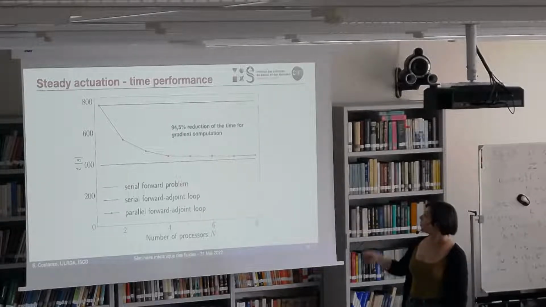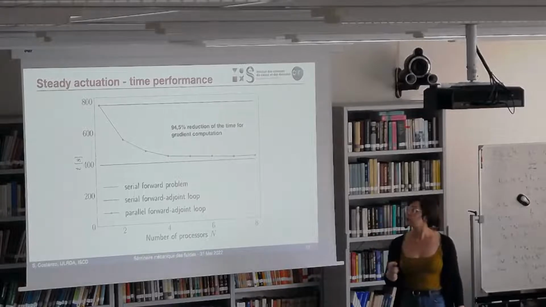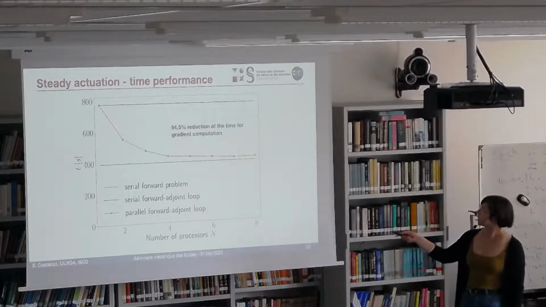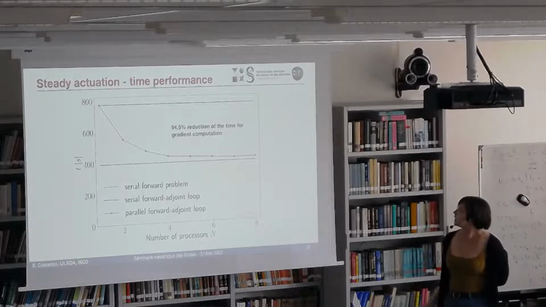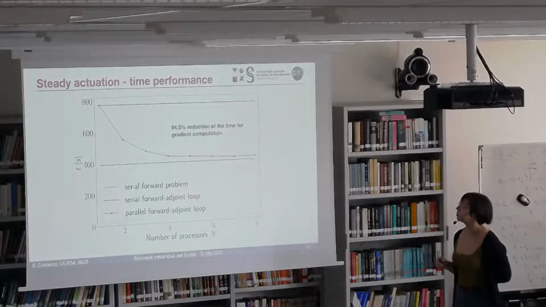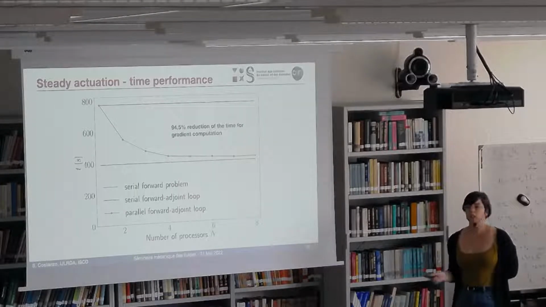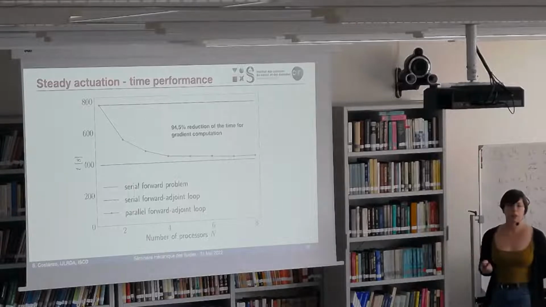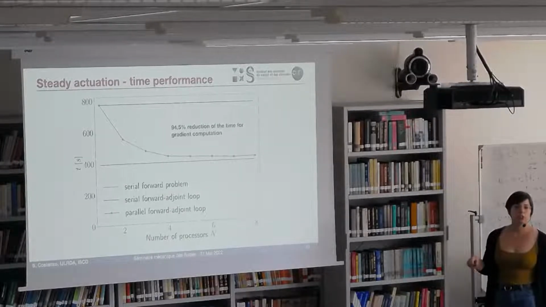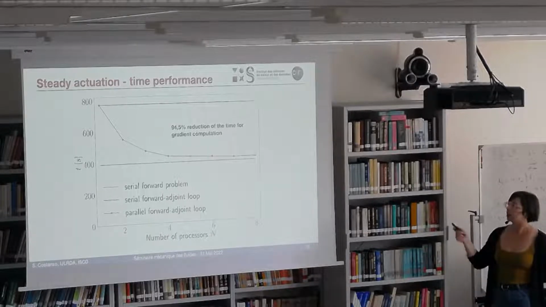On the top, I solved the direct adjoint loop in serial, and with the red, I increased the number of cores using the parallel algorithm. So we can see that we can reduce by 94% the time needed to compute the gradient, meaning that when I use the parallel algorithm, by the time I have my function evaluation, I wait just a little bit more, and I also have my gradient.